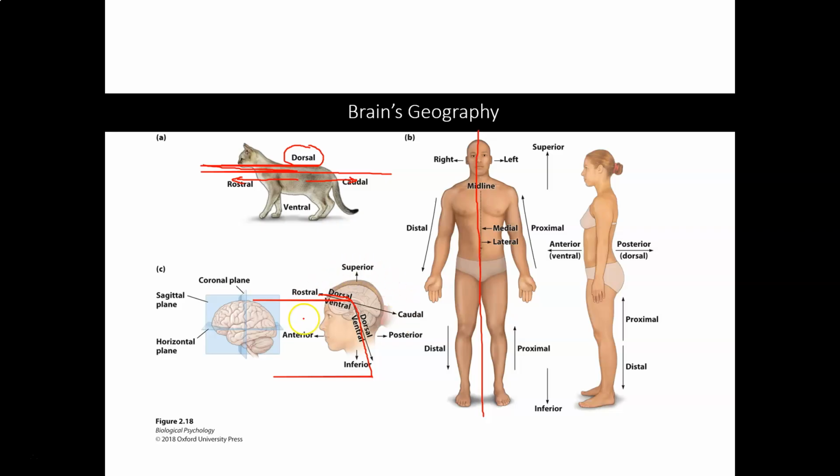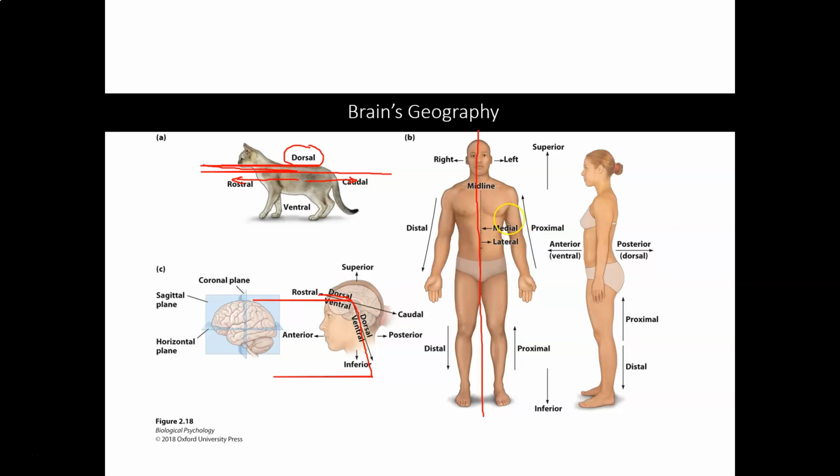Okay, so these are some of the terms that we're going to use when we're discussing brain orientation. The other couple of terms that I want to refer to are medial and lateral. Again, everything is relative towards this imaginary midline.